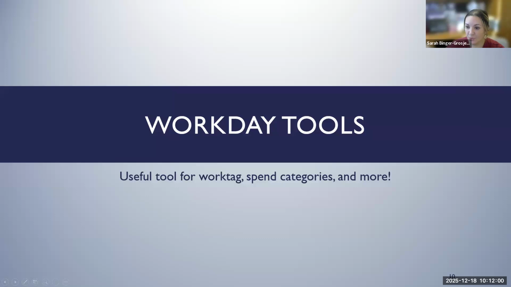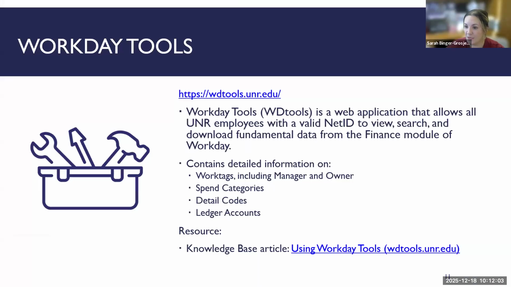All right, so now going into Workday Tools and how to use that. For those of you that aren't familiar, Workday Tools is specific to UNR, and it's a web application where employees with a valid NetID can view, search, and download data from the finance module of Workday. It has work tag information for programs, projects, and gift accounts, and it shows who the signature authority is on that, but only at the manager and owner level.